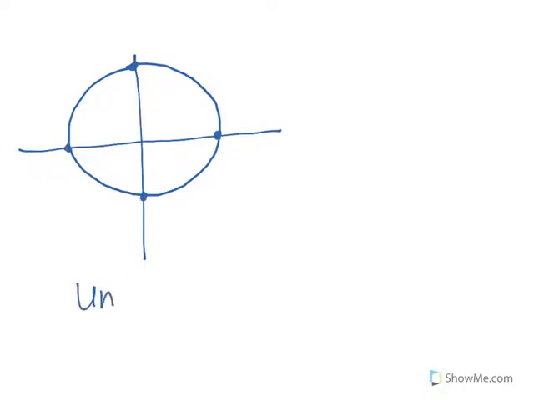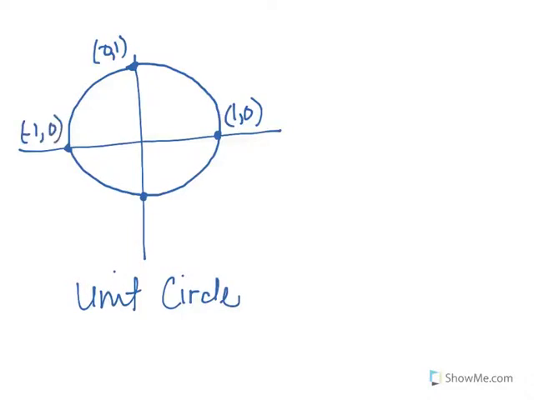So we're going to label the coordinates. So this right here is 1, 0. This right here is 0, 1, negative 1, 0, and 0, negative 1. Okay, we're also going to put our radian measures.